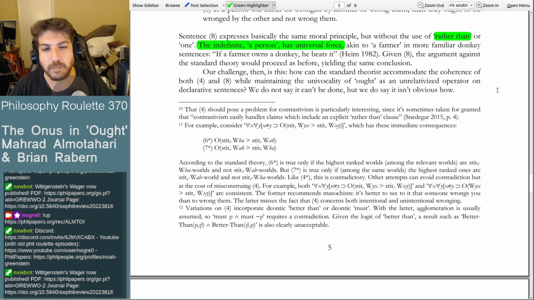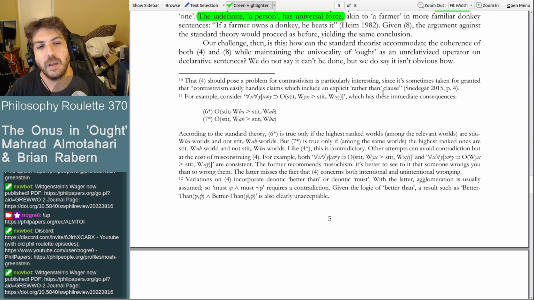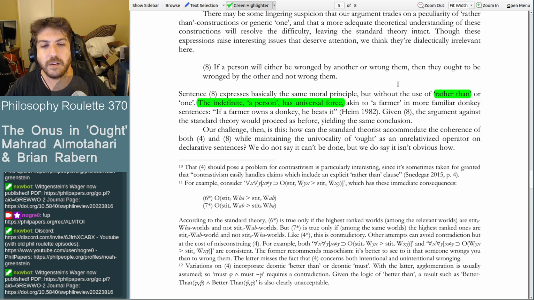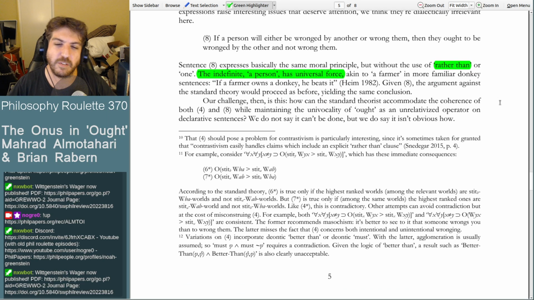They're saying it's like a donkey sentence. If a farmer owns a donkey, he beats it. And in that sentence, you have to say if any farmer owns a donkey, then he beats it, even though the A is usually taken to be an existential, like if there was a farmer that owned a donkey, he beat it. Okay, but I'm still feeling like there should be an existential in there somewhere, and that's what's screwing it up.